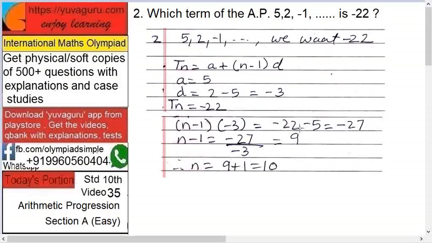So it is minus 27. So n minus 1 into minus 3 equals to minus 27. N minus 1 equals to minus 27 by minus 3, that is 9. Therefore n equals to 1 goes this side, 10. So n equals to 10. So which term of the AP will minus 22 be there? It will be the 10th term.